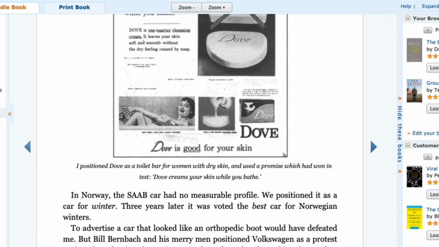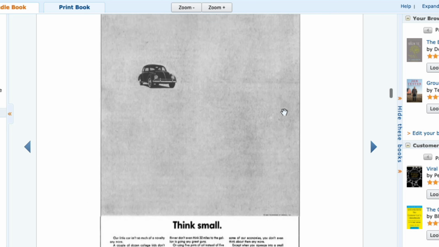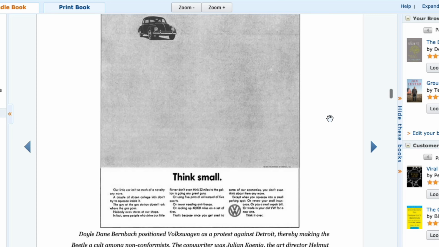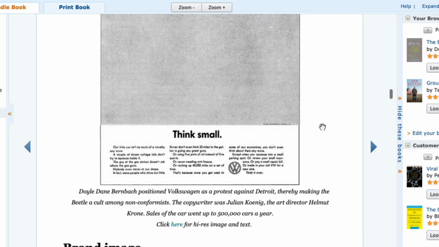Always had usually a call to action of wanting them to go do something, and I think he also did the Hertz, right? The Avis ads as well, and Volkswagen, Think Small. So they just made fun of the things that people hated about the car.